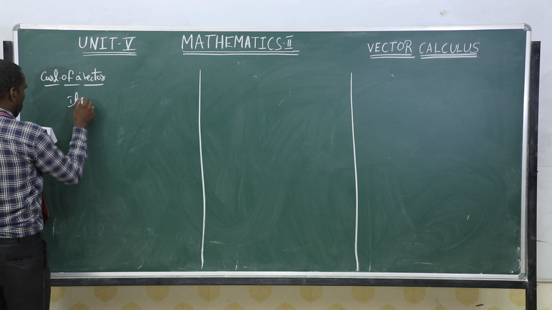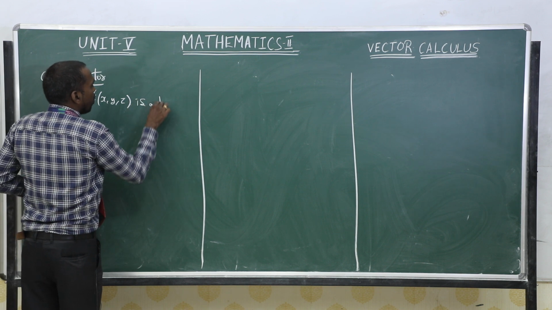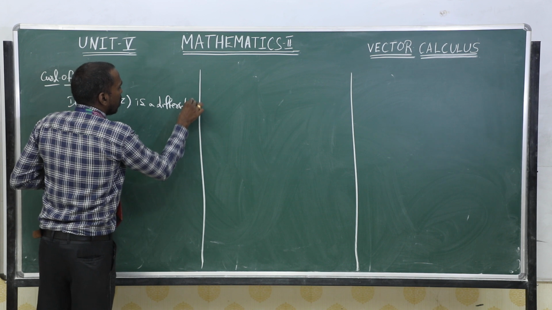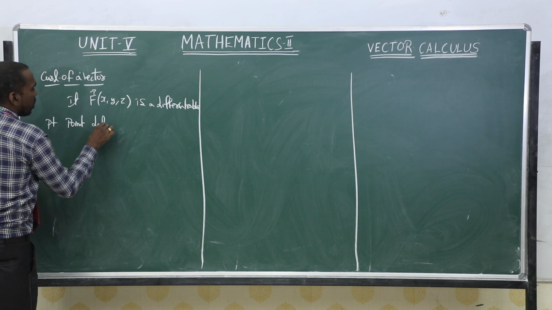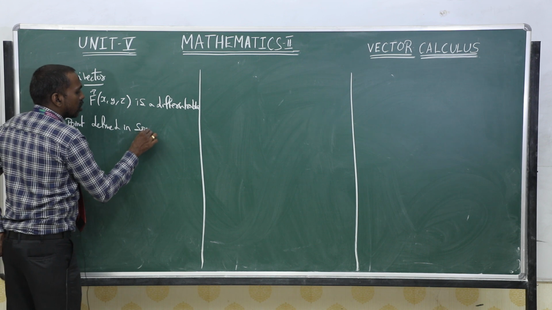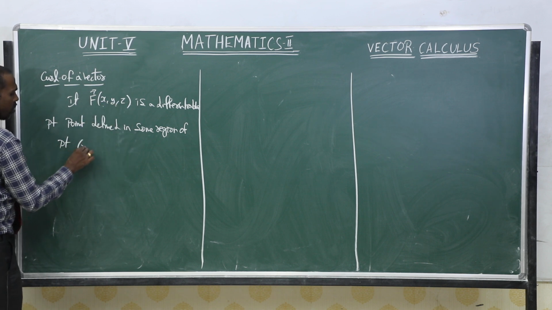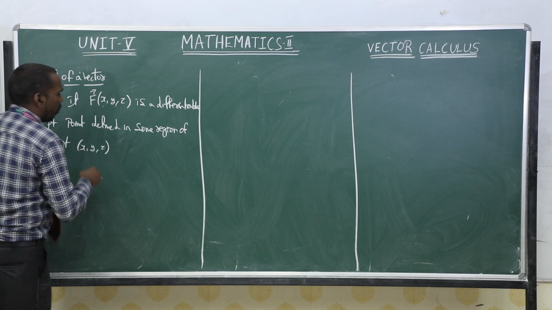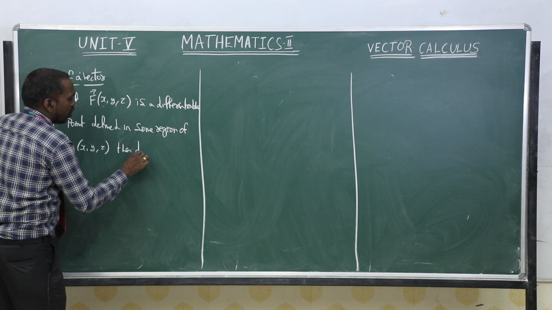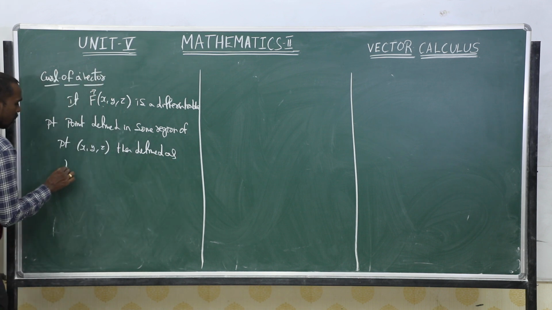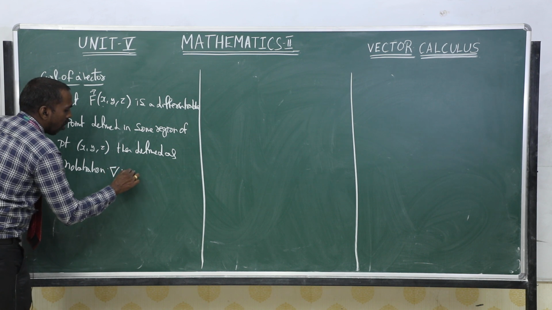If a vector F of x, y, z is a differentiable point function defined in some region of the point x, y, z, it will be defined by the notation del cross F vector.